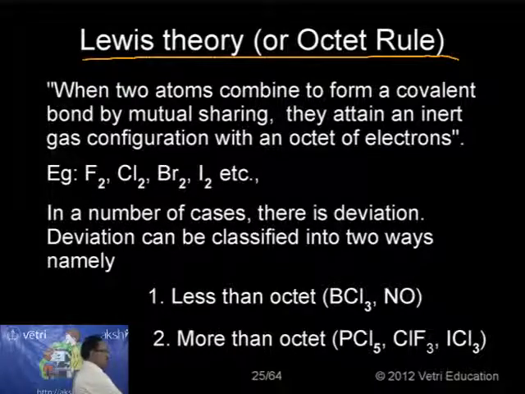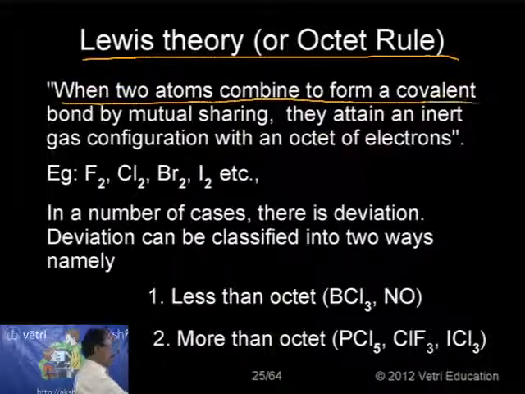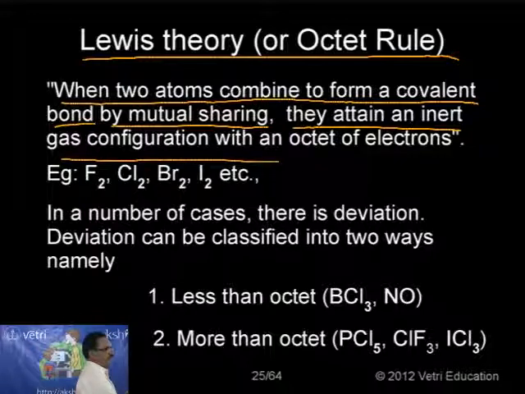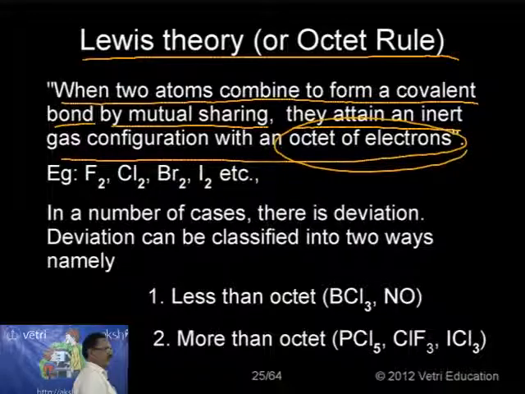When two atoms combine to form a covalent bond by mutual sharing, as I have already explained in the case of hydrogen, they attain an inert gas configuration with an octet of electrons, with 8 electrons. This is the most important information.